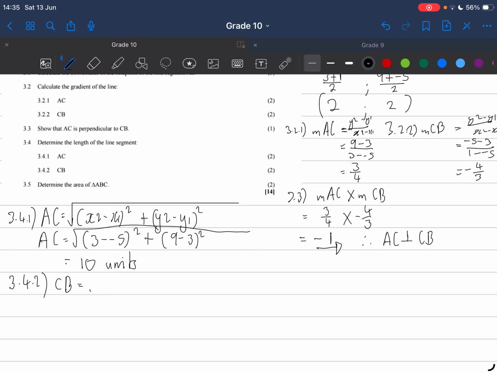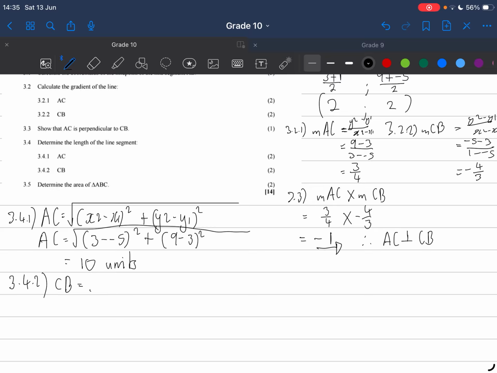CB is going to be the square root of 1 minus -5 squared plus -5 minus 3 squared, which is the square root of 6 squared plus 8 squared, and that's interestingly also going to be 10 units.